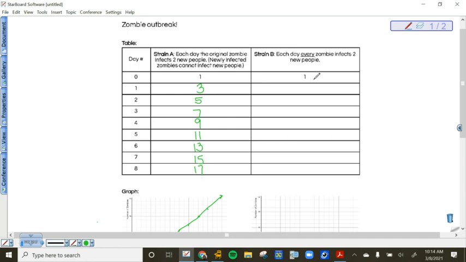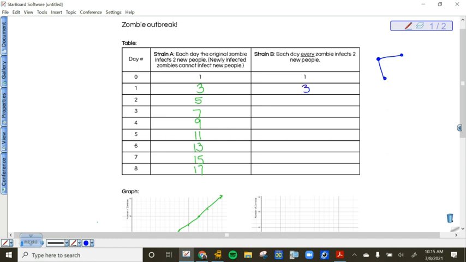So every single zombie infects 2 new people. So if I start at 1, I think a picture kind of helps with this. Then after the first day, they're going to infect 2 more people. So how many will there be?